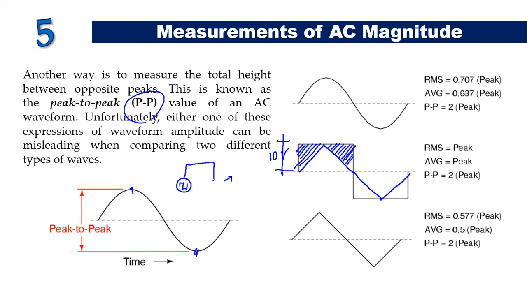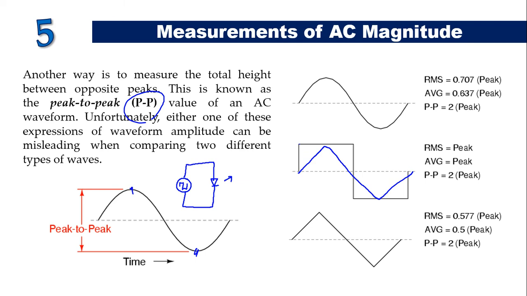Sample lang. So pag square wave, dahil ganyan yung kanyang waveform, ang tendency is that the load will dissipate, magkukonsumo siya ng mas mataas na energy kumpara sa triangle. Okay? Ganyan yung difference nila. Kumpara sa triangle, mas konti yung energy na nade-dissipate kasi magkaiba sila ng itsura.